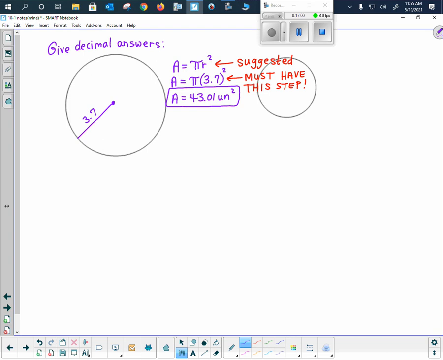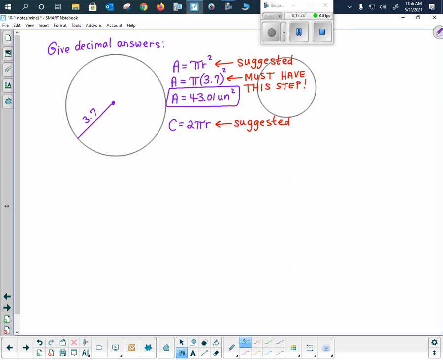If we go to circumference, I highly suggest that you write down 2 pi r. Again, suggested. That'll help you get them memorized again. It also explains to somebody else who's reading your paper what you're doing. Think of you trying to tutor somebody through this. You would want to write as much as possible.